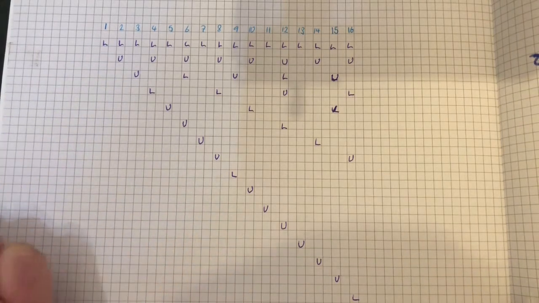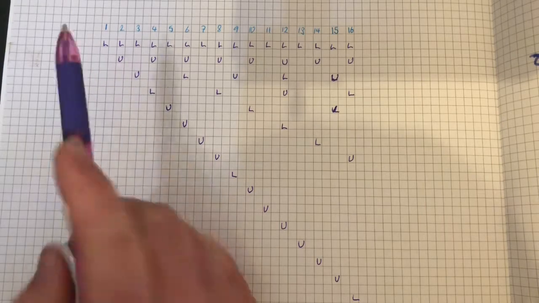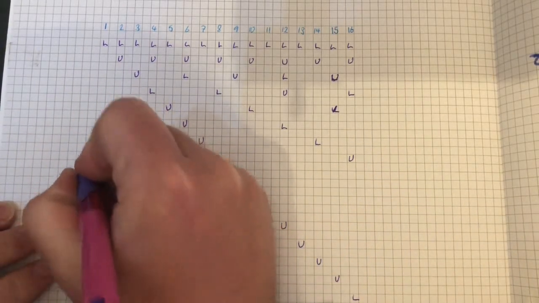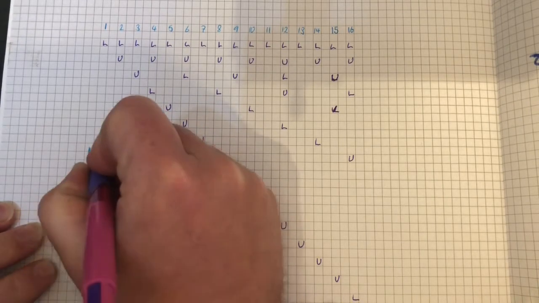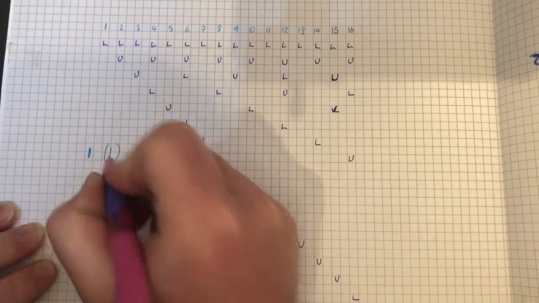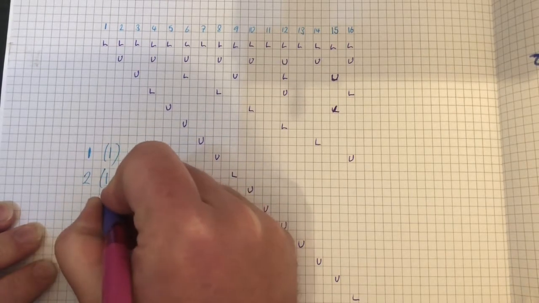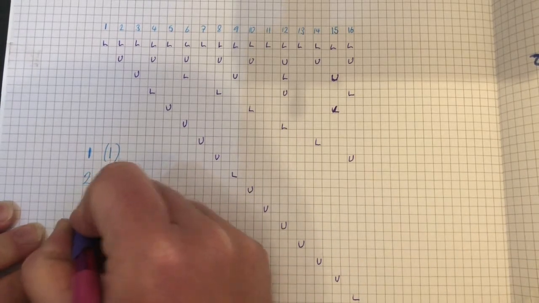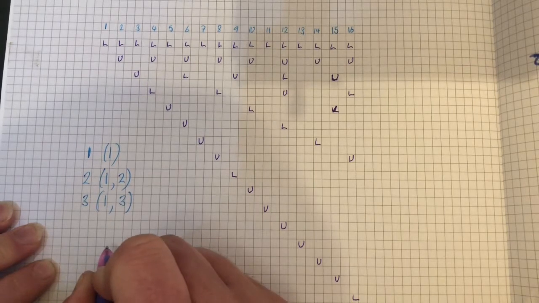1 just gets locked up. 2 gets locked and then unlocked. So if we take a look, 1 gets locked up by 1 and that's it. And cell number 2 gets locked up by 1 and unlocked by 2. Cell number 3 gets locked by 1, unlocked by 3.